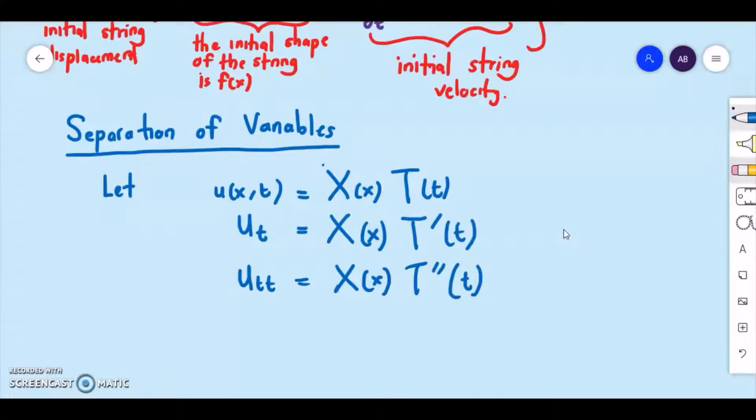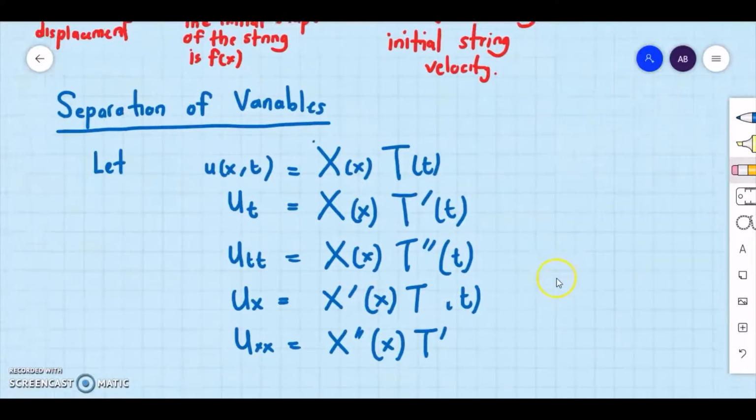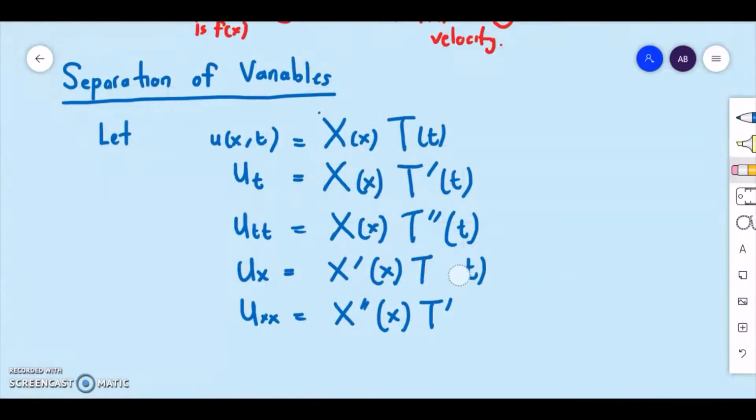Similarly, if I take the derivative with respect to x, I have X prime T, and then the second derivative in x, X double prime T. There's no prime on T because T remains as a constant, so only the derivative with respect to x.